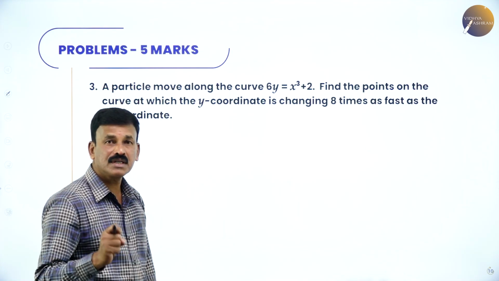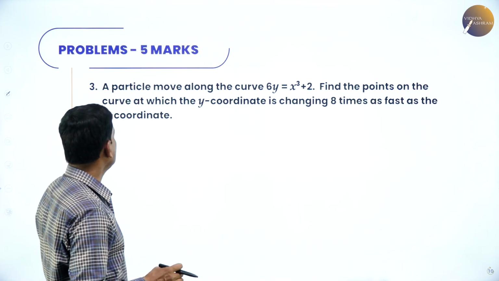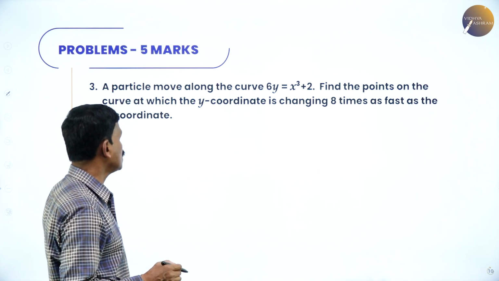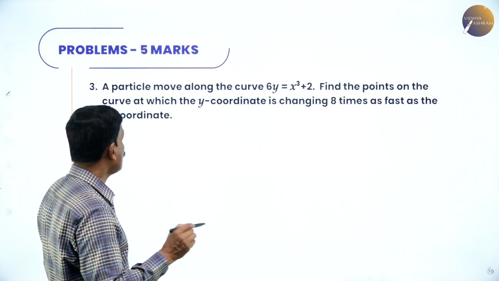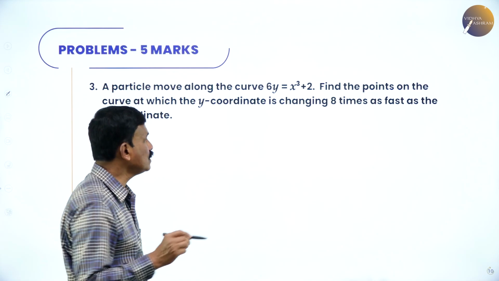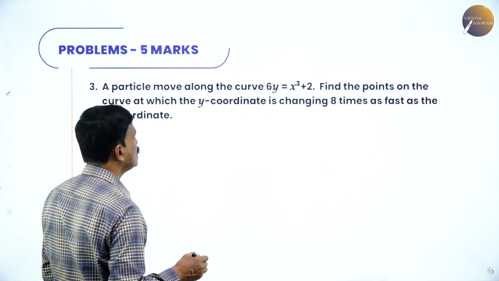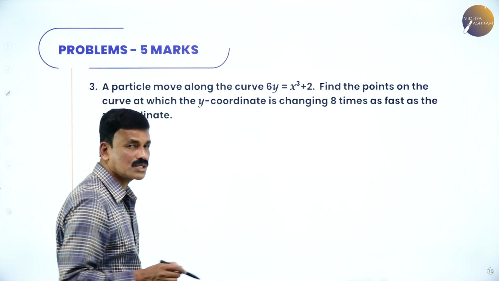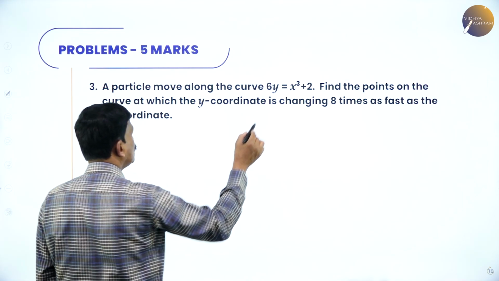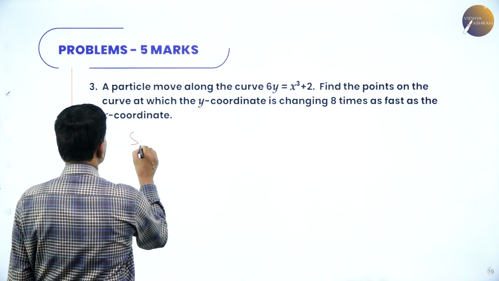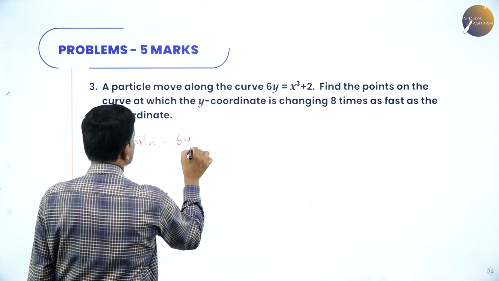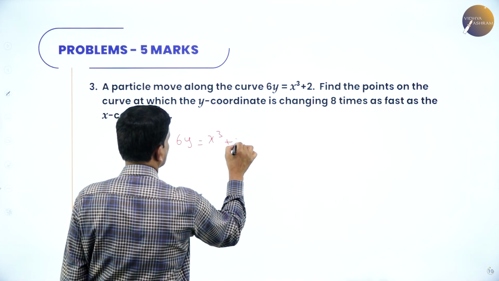Now this is also a very important type of problem. A particle moves along the curve 6y is equal to x cube plus 2.